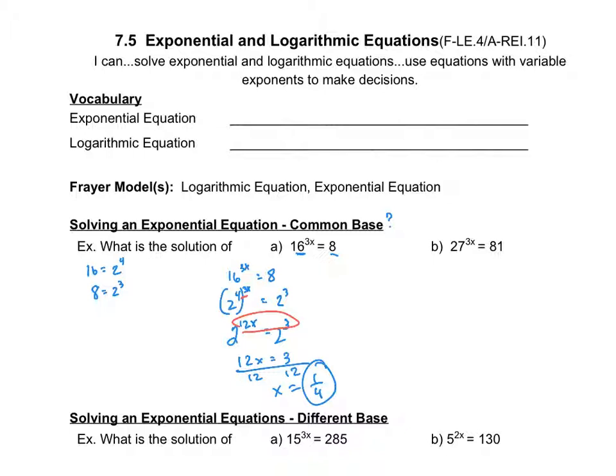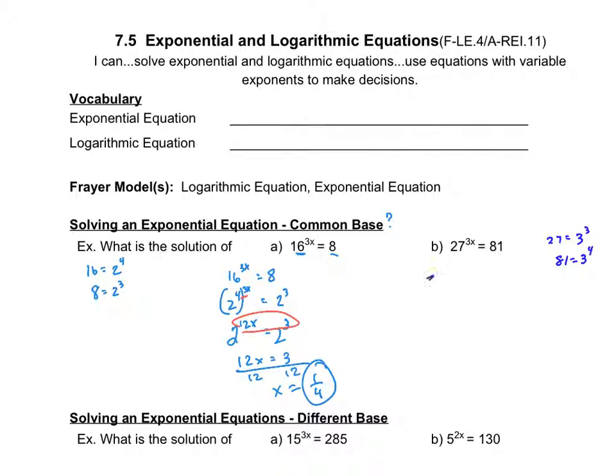And doing the same thing with the other equation, think about what my common bases are going to be. 27 is the same thing as 3 to the 3rd, and 81 is going to be the same as 3 to the 4th, so I can do some substitutions.